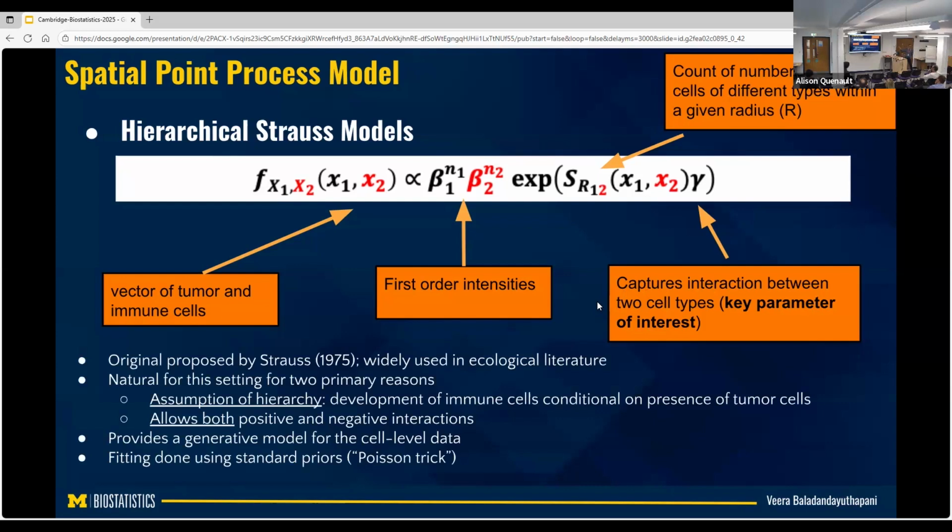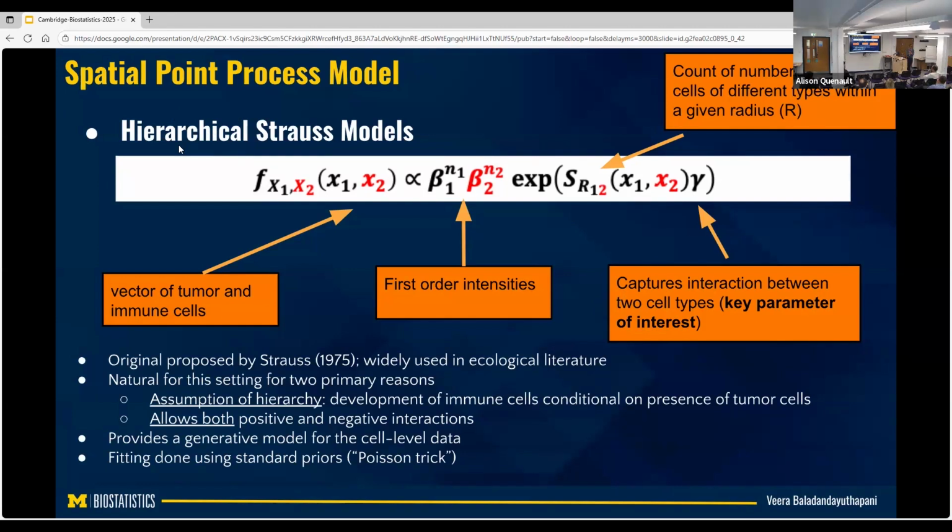We didn't invent this. It has been around for 50 years and it's used a lot in ecology. It's very natural for the tumor cell data for a couple of reasons. One is that hierarchical means it's conditional on one cell type, the other came after. In the tumor evolution process, cancer happened, tumor cells formed a collection, and that's how the tumor mass evolved.